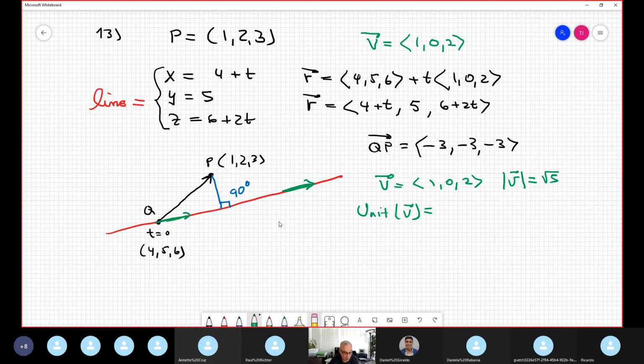You divide by radical 5, so the unit vector is (1 over radical 5, 0, 2 over radical 5). And you perform the cross product between QP and the unit vector B.